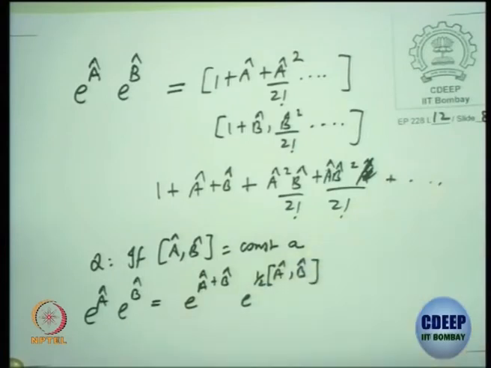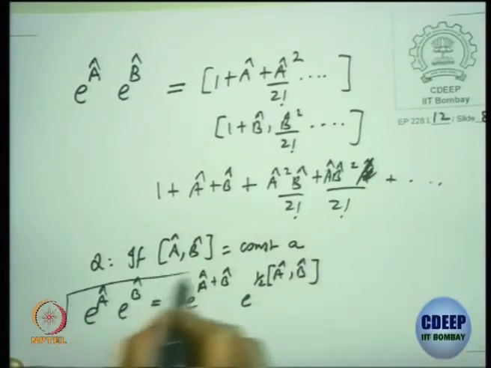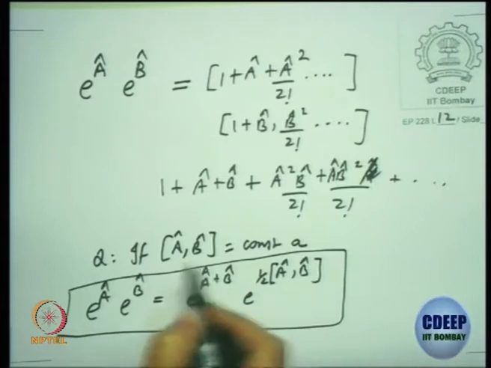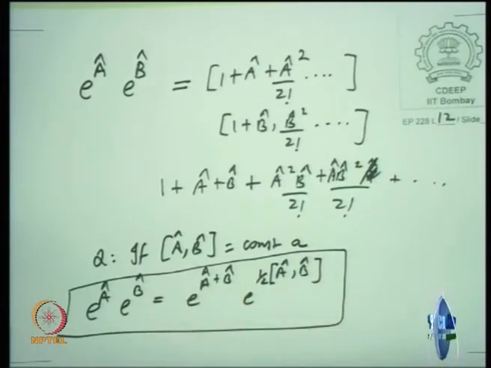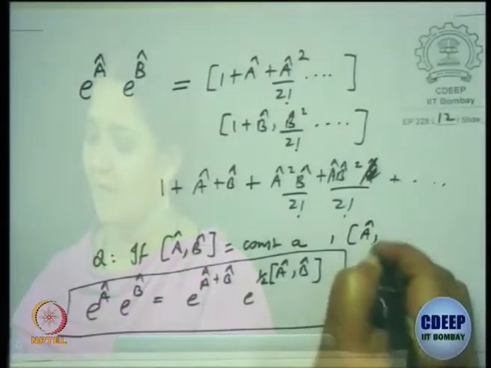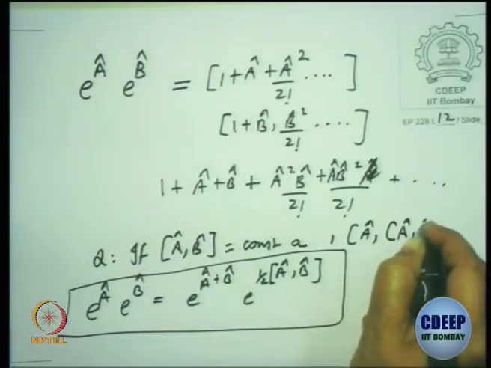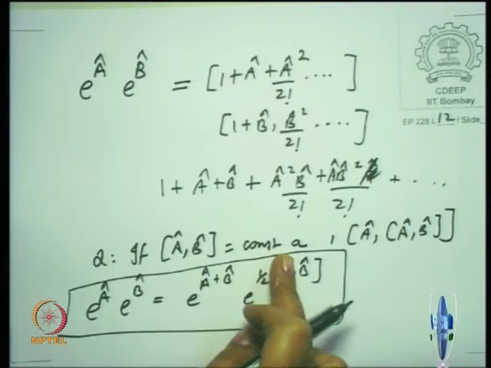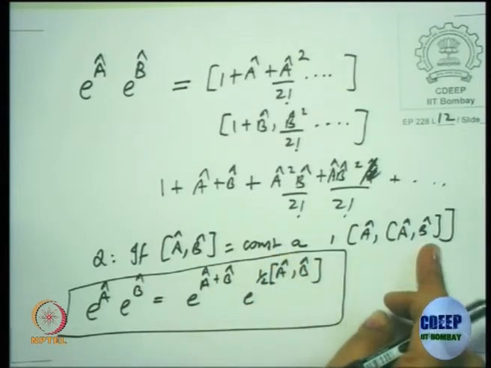Do this expansion and check this out. I use this assumption that the commutator of a with b is a constant. What does that mean? This means that if I take the commutator of a with b, what will that be? If it's a constant, then this will be 0.